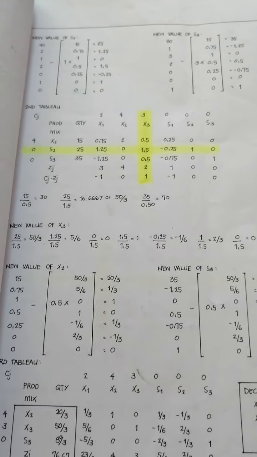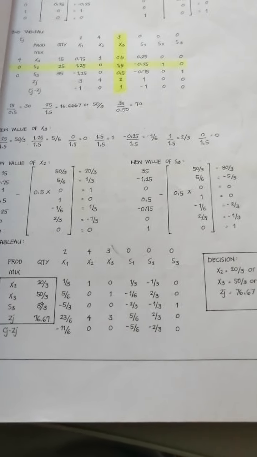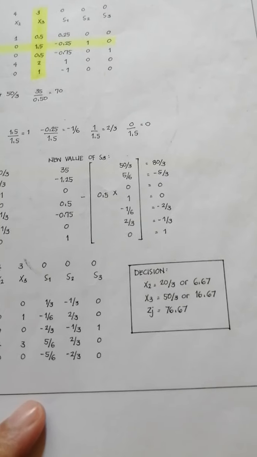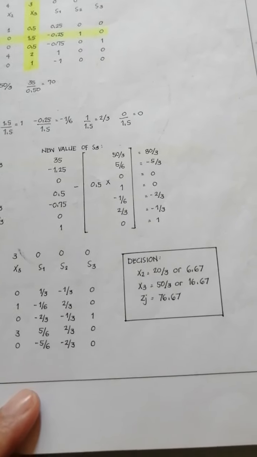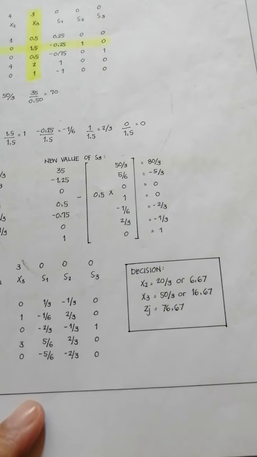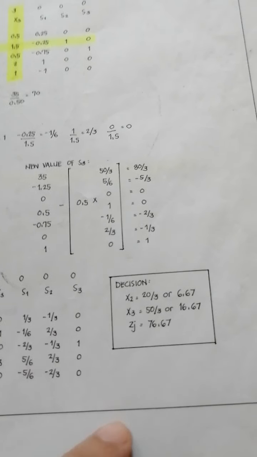This is the second tableau and the final tableau. So if you try to look at the final tableau, the decision will be to produce 6.67 of x2 and to produce 16.67 of x3 to get a profit of 76.67.